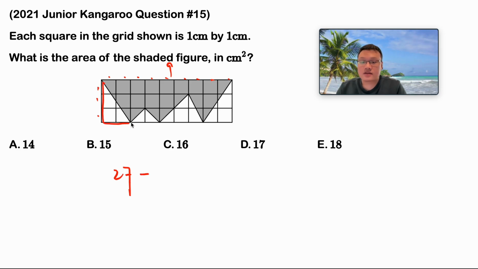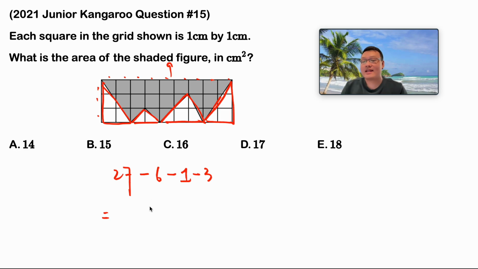If you combine this triangle and this triangle, that will be a complete rectangle, which is 2 times 3. You got 6, so that's minus 6. And then take away this little part, that will be 1. And take away this one over here, that will be 3 times 2 divided by 2, you take away 3. So basically, in total, you minus 10 from 27. So the answer will be 17. So that's why we choose D.